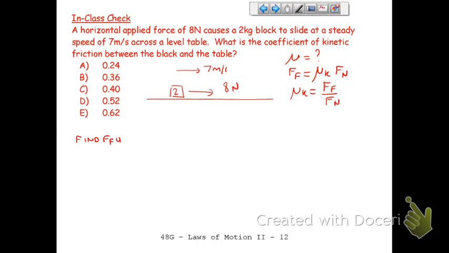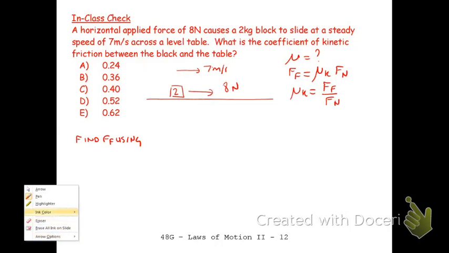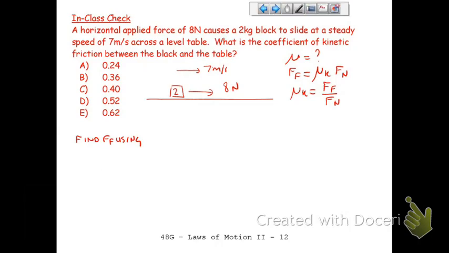FF using. Well, I need to put it on my diagram, don't I? So let's see if I can draw it. FF, the force of friction, must be opposing that 8 Newton force. Let's resolve forces horizontally.